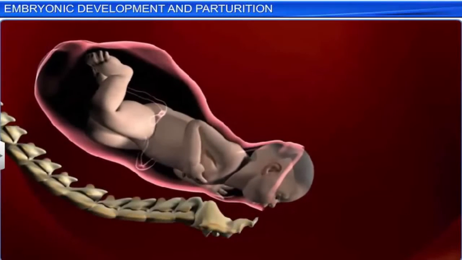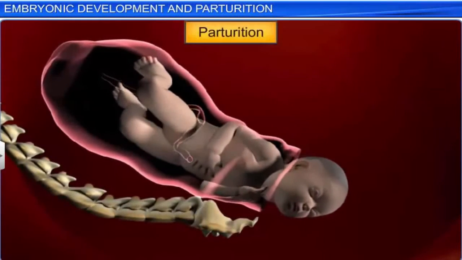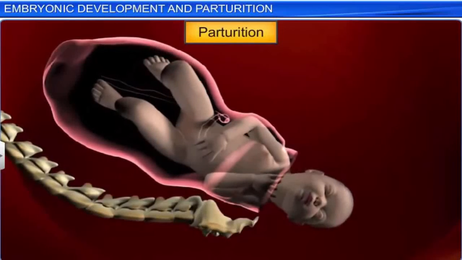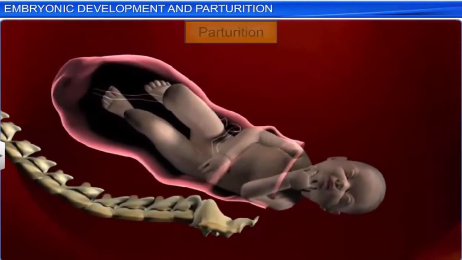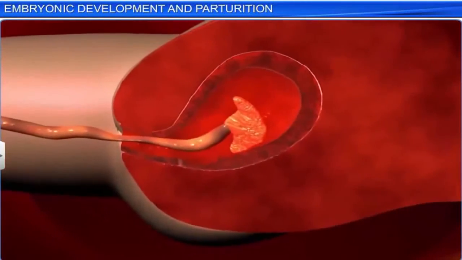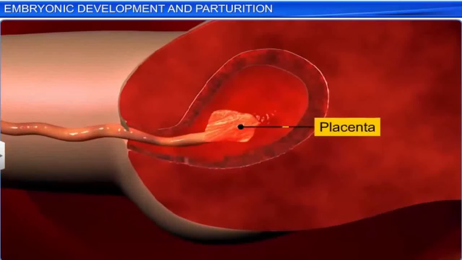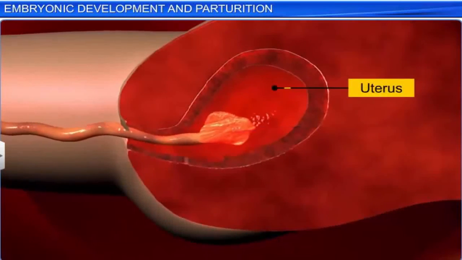This process of delivery of the fetus is called parturition. Immediately after the birth of the baby, the placenta is expelled from the uterus.